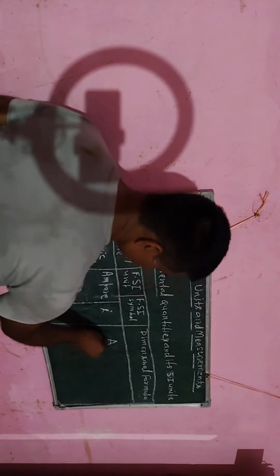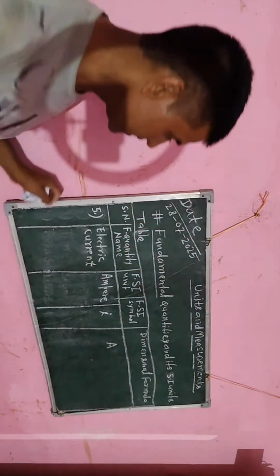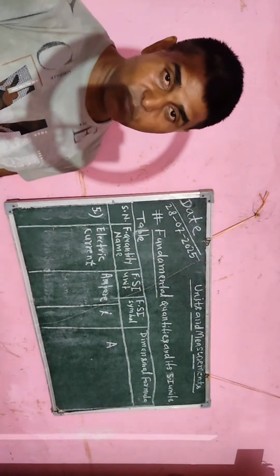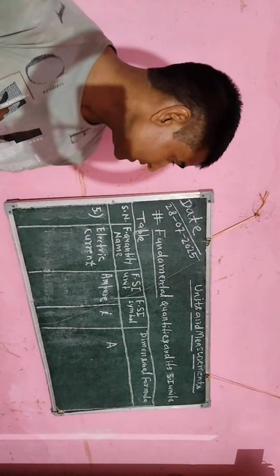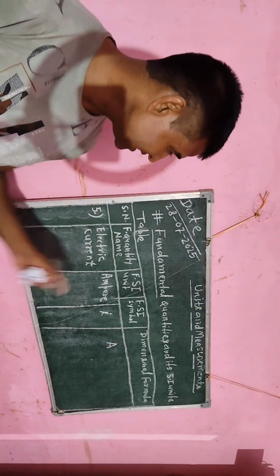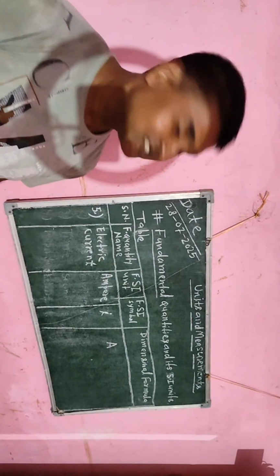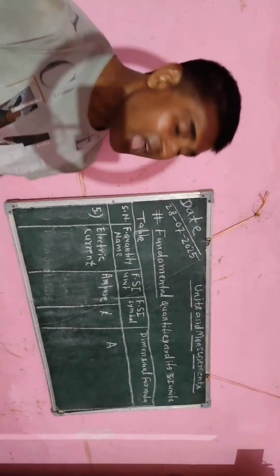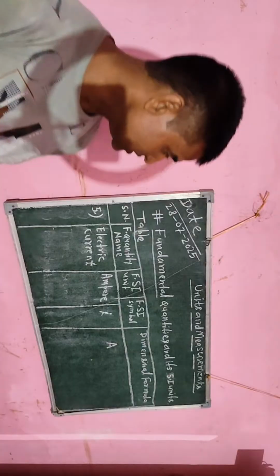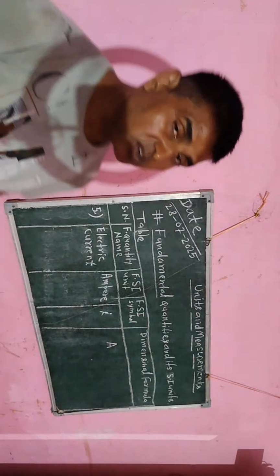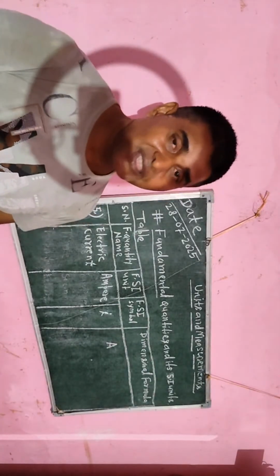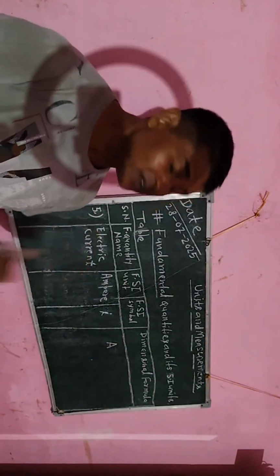So we have to remember it, because there are 7 fundamental quantities, and corresponding to each fundamental quantity I will remember the fundamental SI unit and also its symbol, and then I will write its dimension. Okay student, because this is important, because any derived quantity will be given with the help of these fundamental quantities.